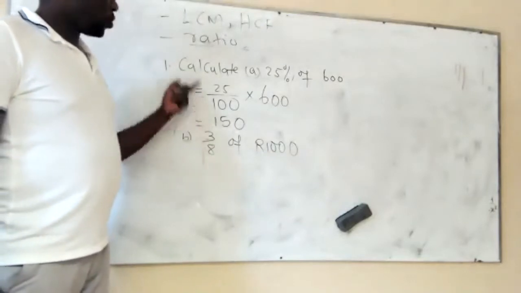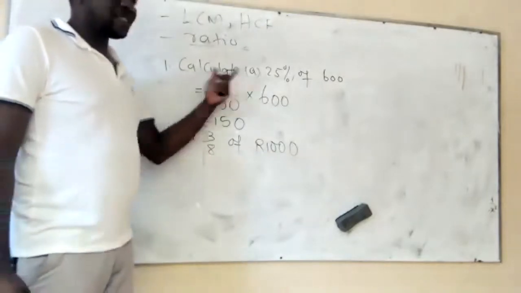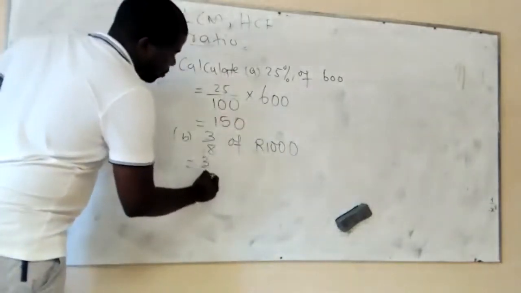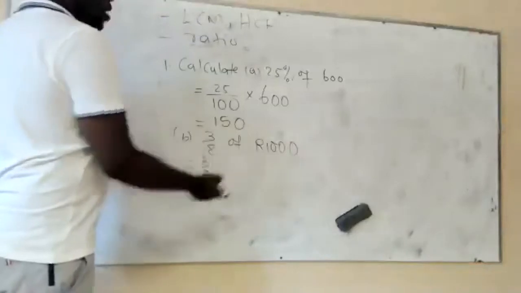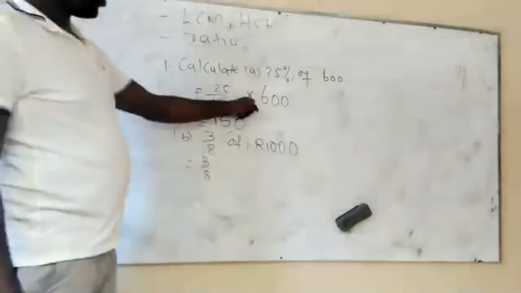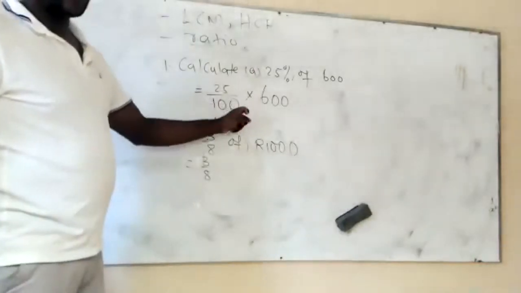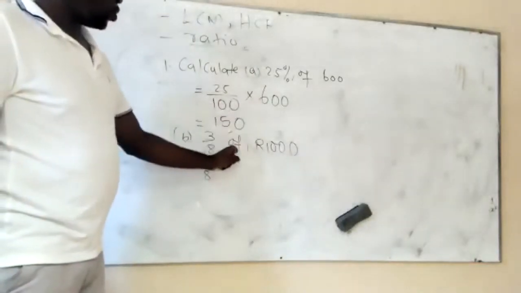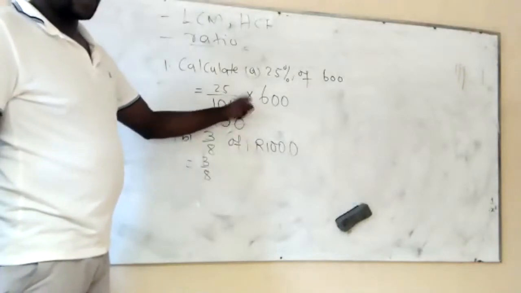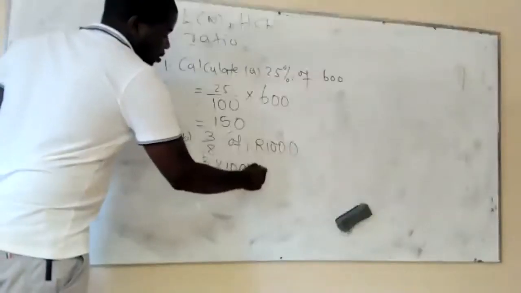But the procedure is exactly the same: you only need to convert this "of" to multiplication form. Whenever you see "of", you must know that it simply means multiplication. So we're going to have 3/8 multiplied by 1000.